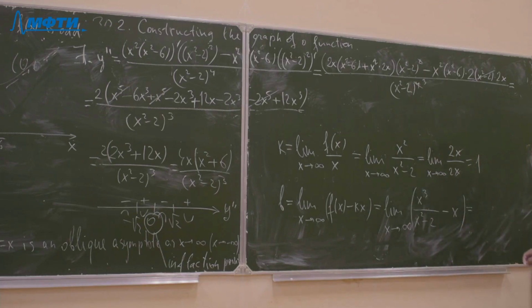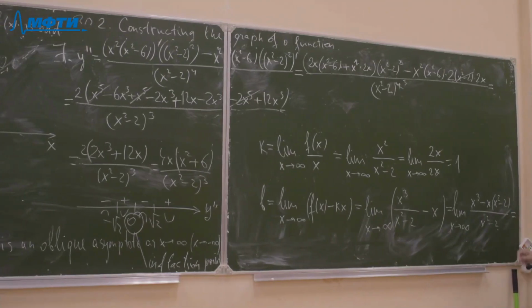So we take a common denominator, x squared minus 2 over x squared minus 2. That's it.